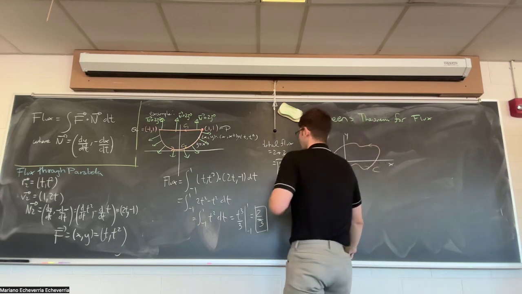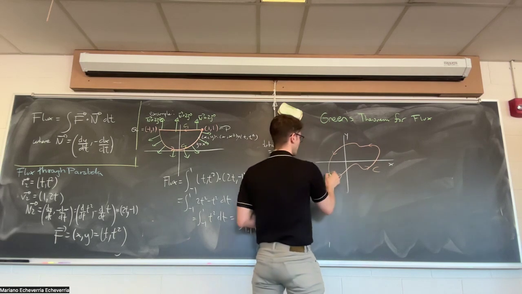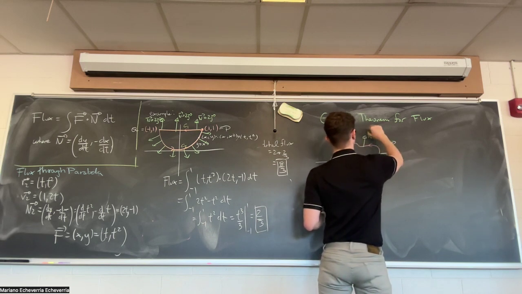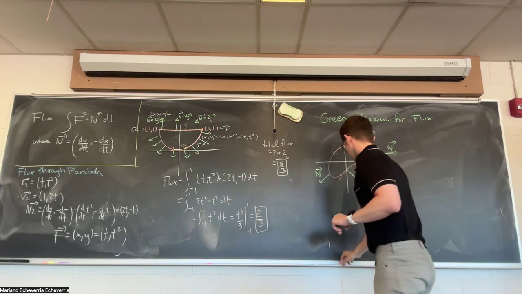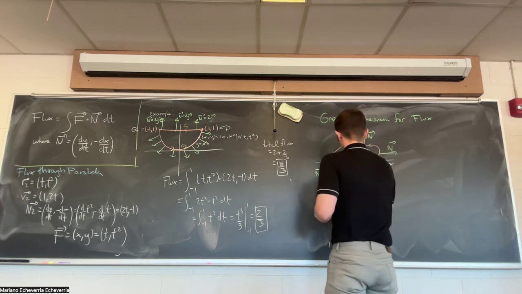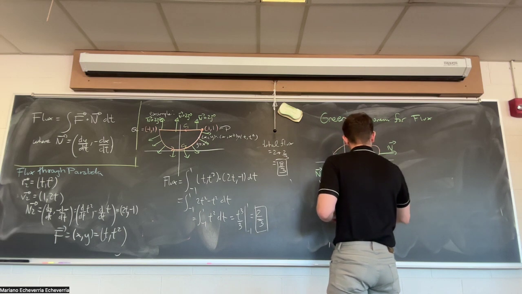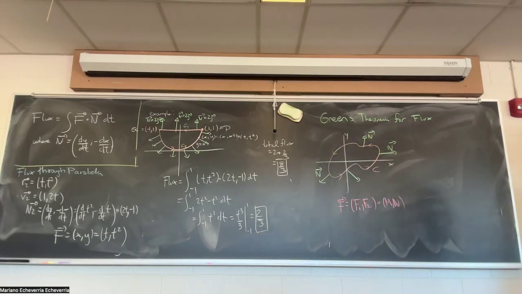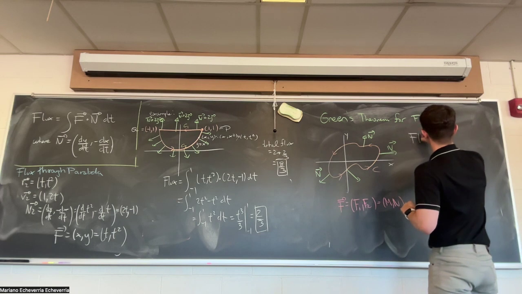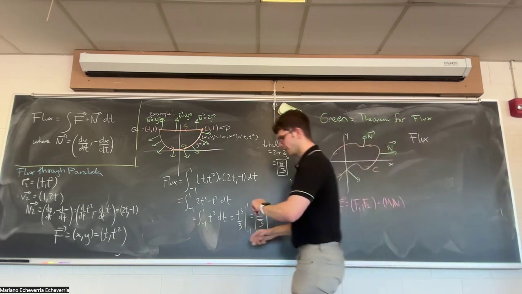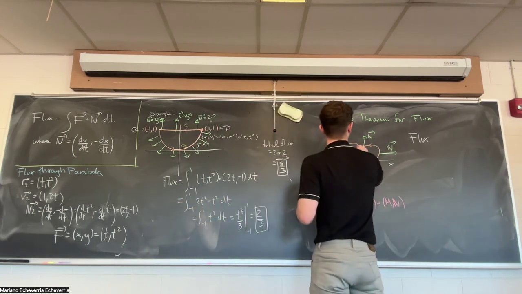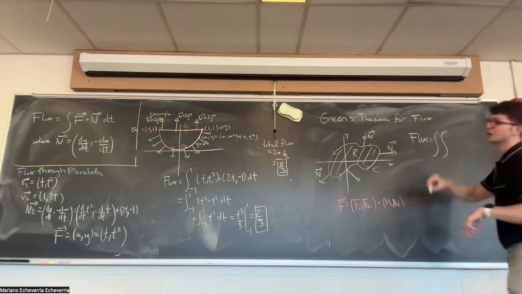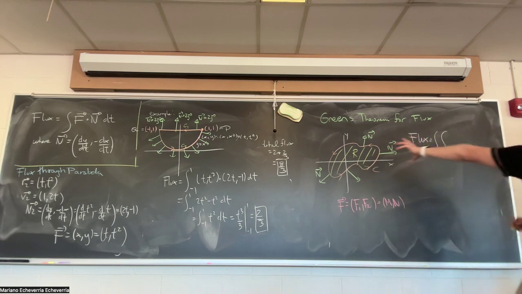In Green's theorem for the flux, the idea is that if you have a closed curve and a normal vector that points away from the curve, and you have your vector f, which is f1 comma f2, then what Green says is that the flux can be computed as a single double integral over the region enclosed by the curve.